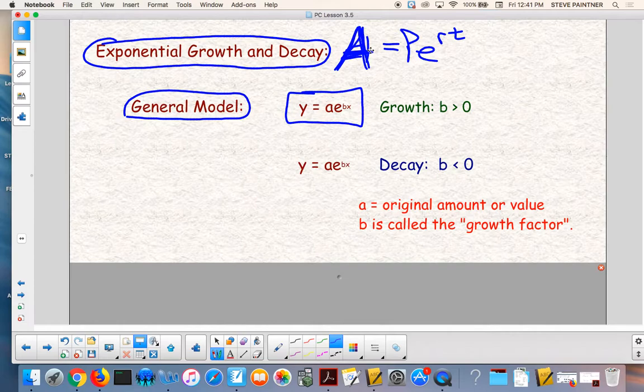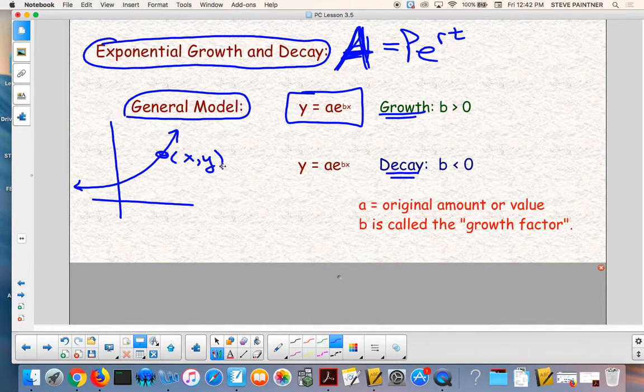Now, the x and the y, they're just points on your graph. Now, you're going to have either what? Growth, or you'll have what? Decay. So if I just draw you a quick growth problem like this x, this y, if they just give you a random point on the graph, that number x, that number y, get plugged right here in for x and y.